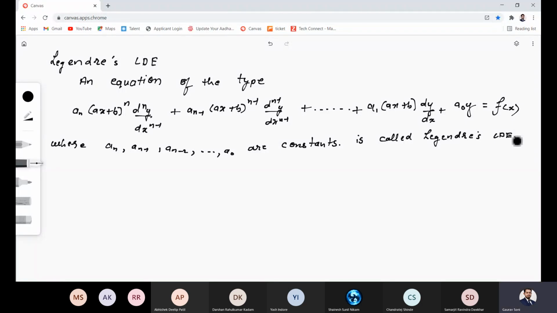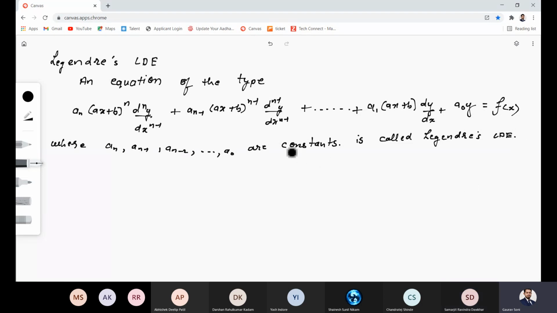Here there is (ax plus b) raised to power n, and in that there was simply x raised to n.